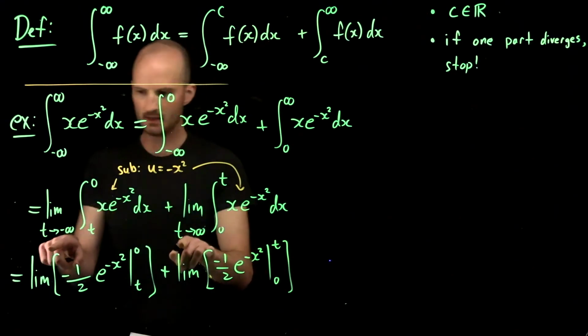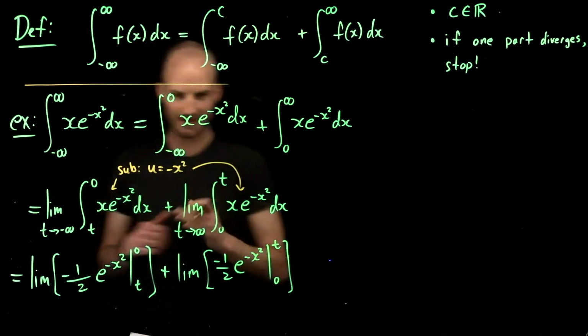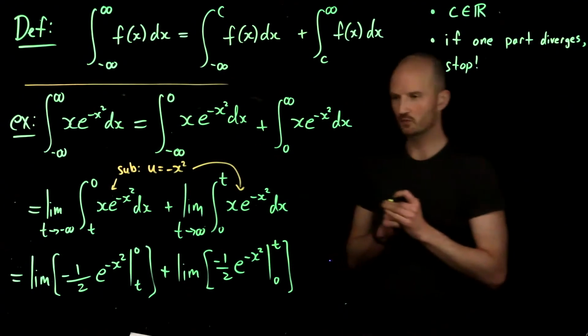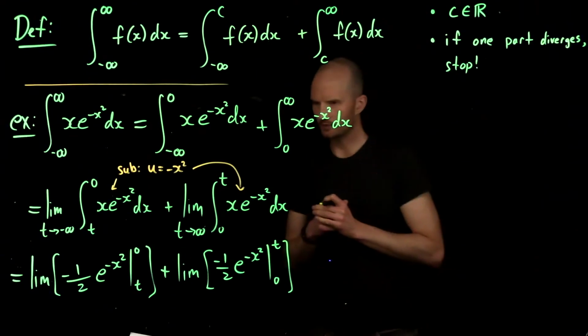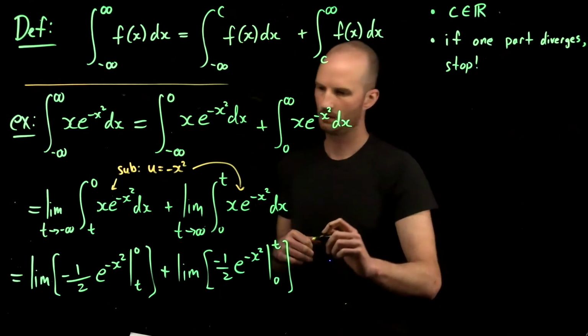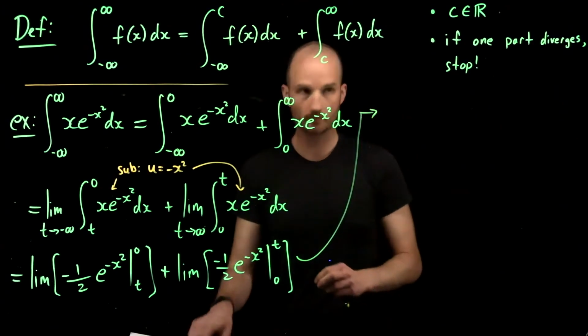I'm using the letter T twice here. The two T's are not the same, so if you feel more comfortable using different letters, that's fine. Okay, so where was I? Continuing on up here.